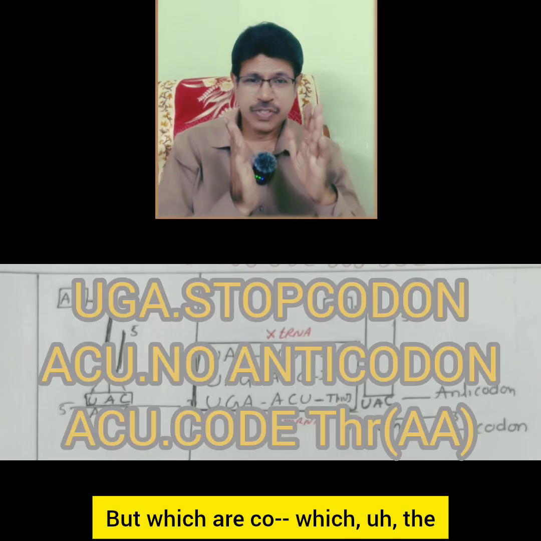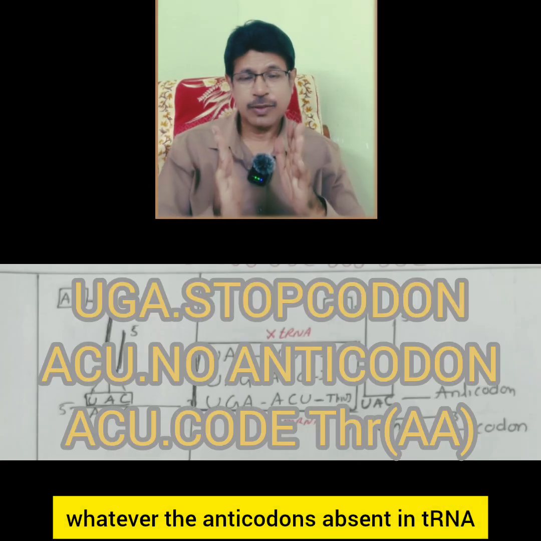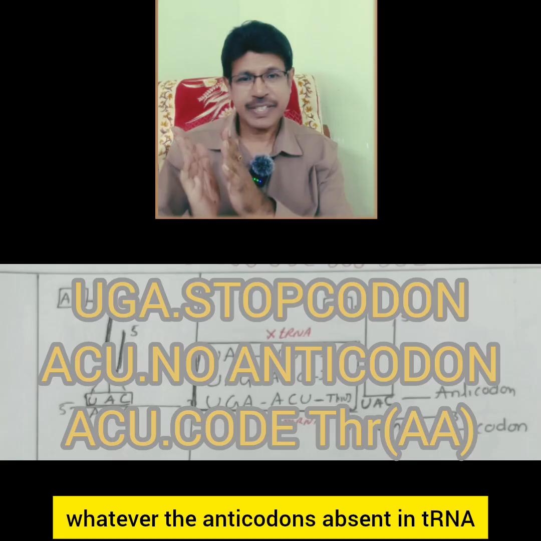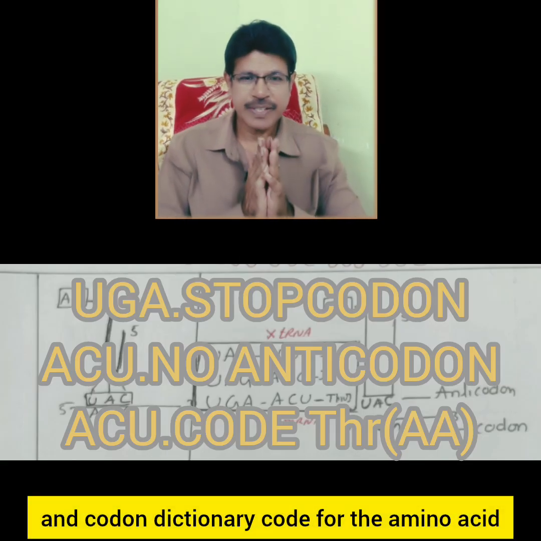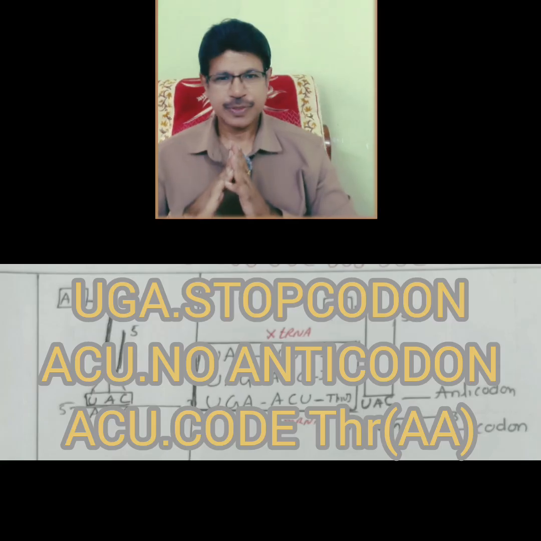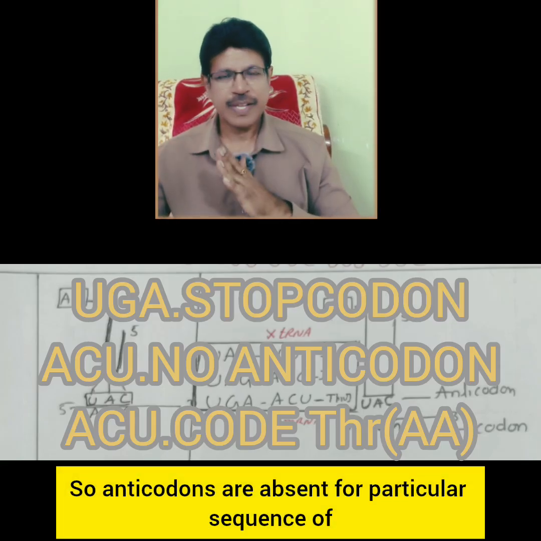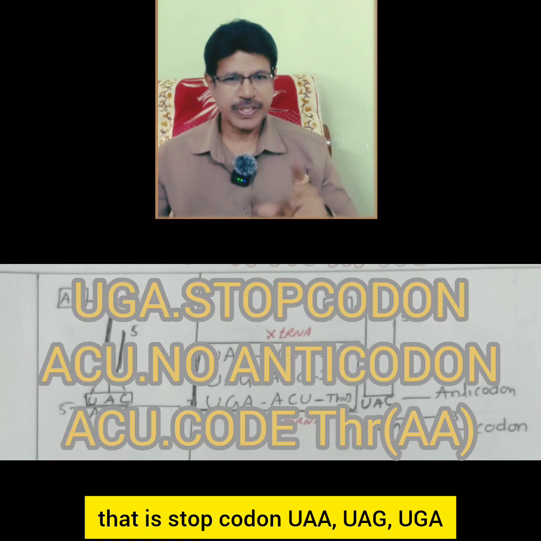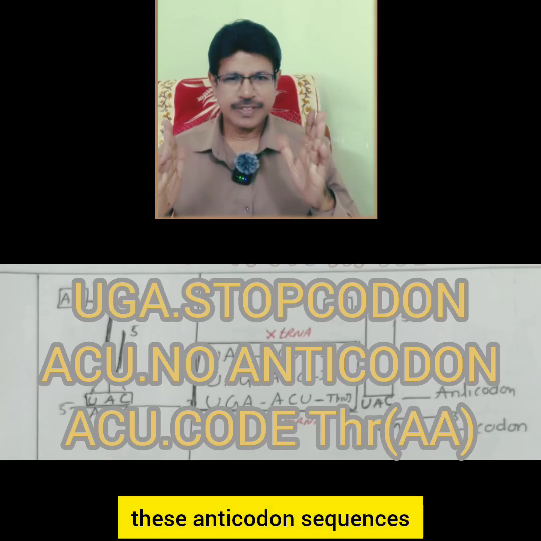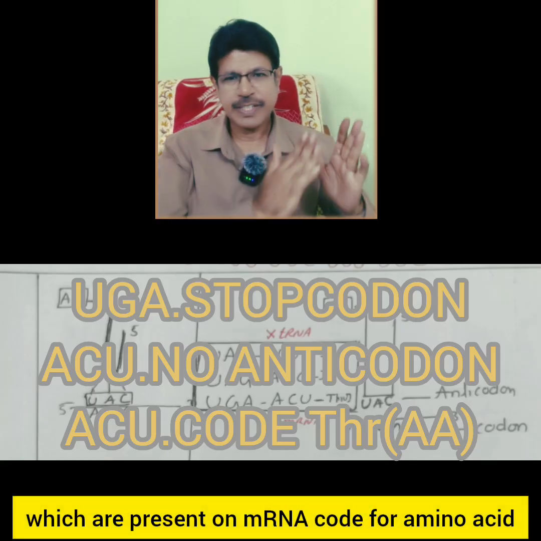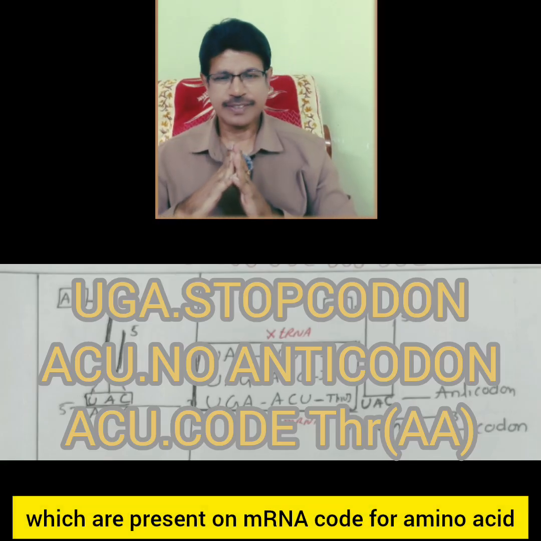But whatever anticodon sequences are absent in tRNA, when present on mRNA in the codon dictionary they code for amino acids. So anticodons are absent for the stop codons UAA, UAG, UGA, but these sequences, when present on mRNA, code for amino acids.